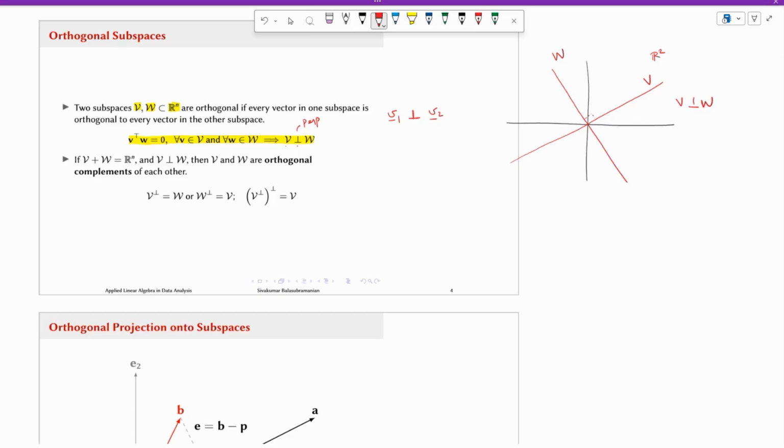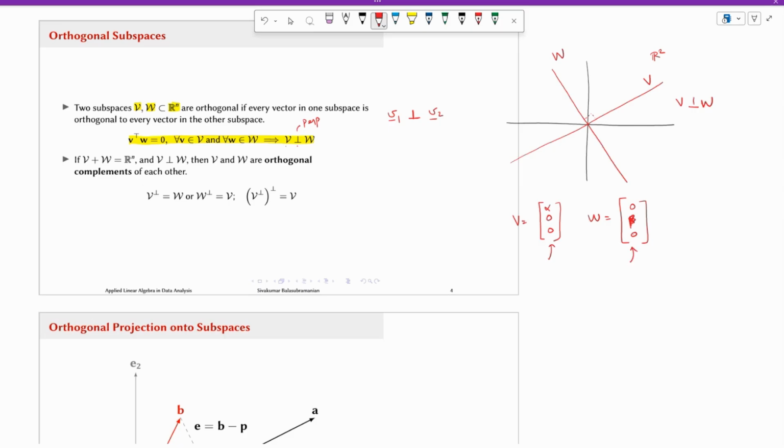Okay. In fact, one way to verify that, if you say the V subspace is the line passing through the x-axis, right? It will be of this form. The subspace that passes through the y-axis, well, I'm going to call it beta. So this is any vector from the V subspace.